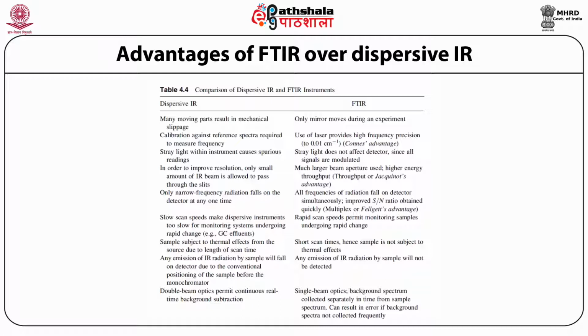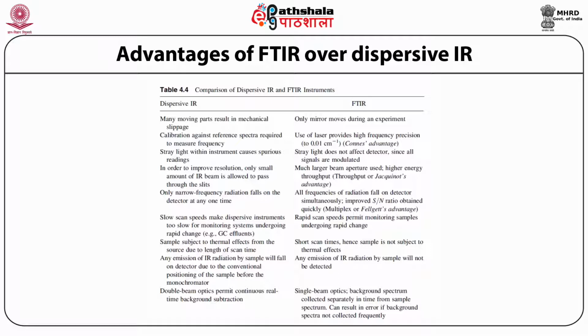In dispersive IR, in order to improve the resolution, only a small amount of the IR beam is allowed to pass through the slits, but FTIR has the advantage that a much larger beam aperture is used, giving high throughput. That's the Jacquinot advantage. Only narrow frequency radiation falls on the detector at any time in dispersive IR.